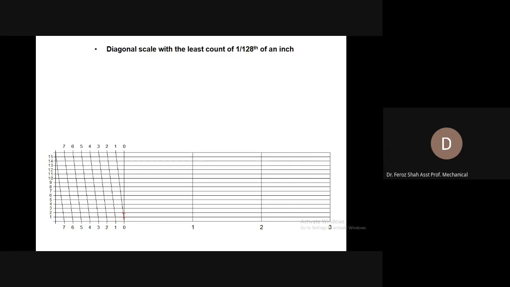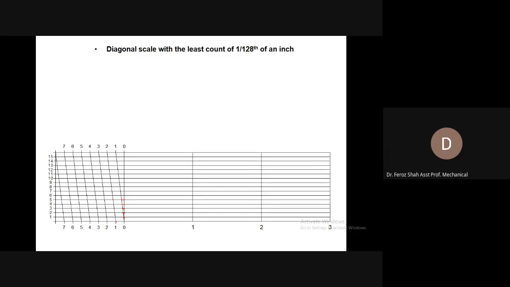This is 2 by 128, 3 by 128, 4 by 128, 5 by 128, 6 by 128, 7, 8, 9, 10, and so on up to 16 by 128.